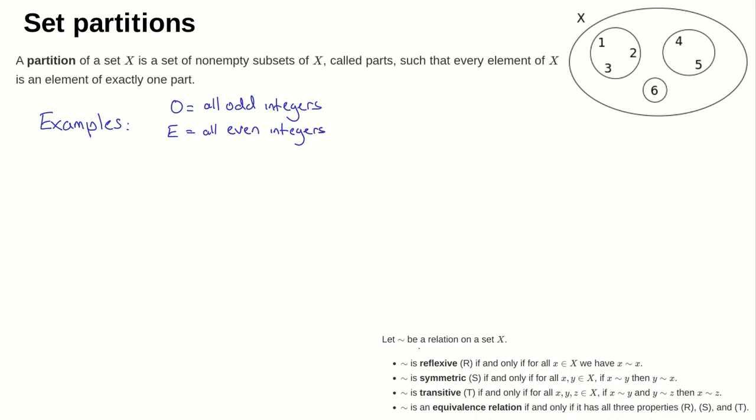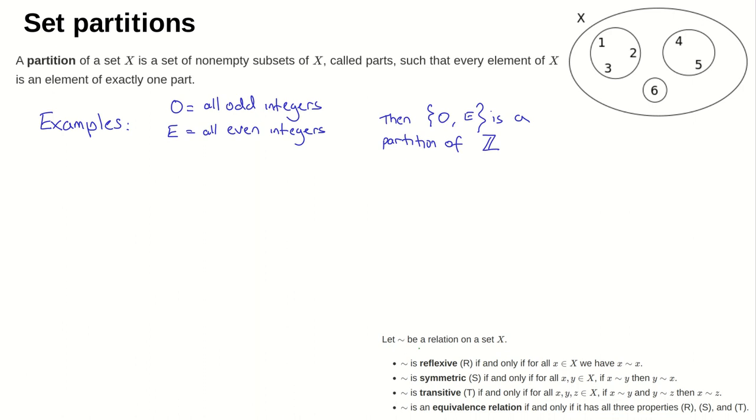Now, every integer is either even or odd, and no integer is both even and odd. So every single integer belongs to exactly one of the set O and the set E. And that means these two sets fulfill the condition for being a partition of the integers. So O, E is a partition of Z, the set of integers.